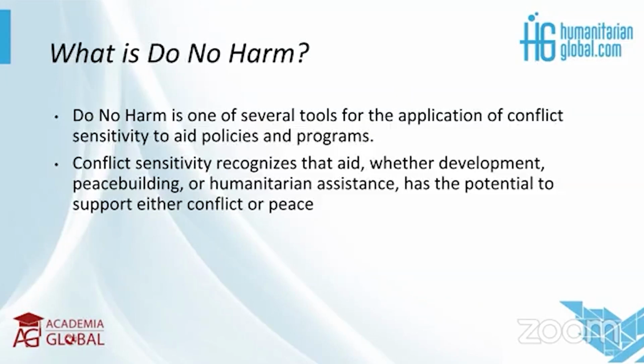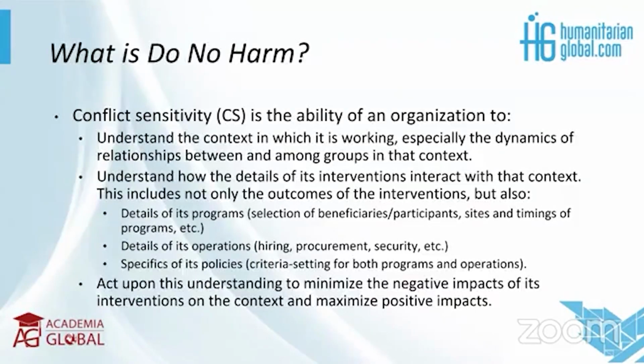And I believe all of us, when we reflect on the work that we do, the behaviors of our team members or our staff, how we divide resources among the community, how we conduct ourselves in the community, whatever it is that we do has the potential to either support conflict or support peace. So conflict sensitivity recognizes this fact when it comes to aid assistance. Now, probably it would be nice to begin by trying to understand and remind ourselves what really is conflict sensitivity.